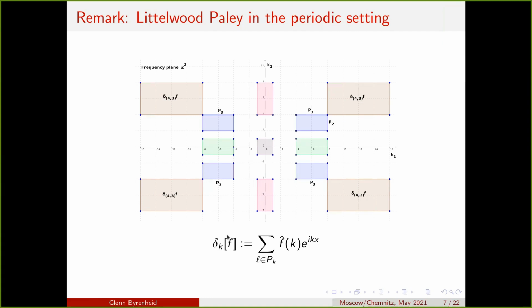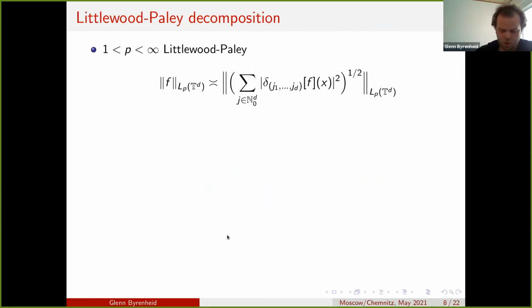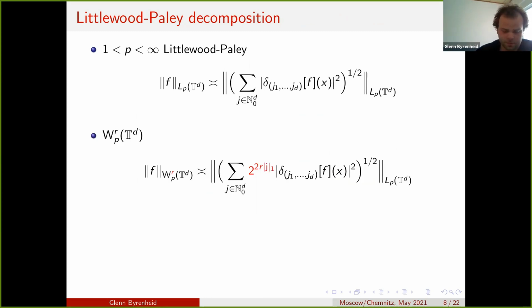Having such a decomposition of the Fourier plane, the Littlewood-Paley theorem says that if p is between 1 and infinity, we get an equivalent norm for our function f in L^p by square summing these blocks and integrating them in L^p. So we can use this method even to describe smoothness.